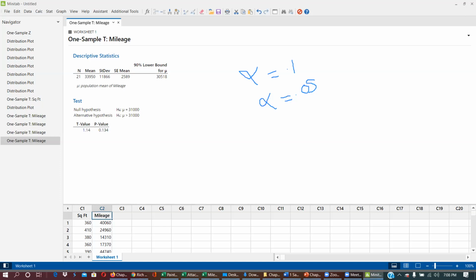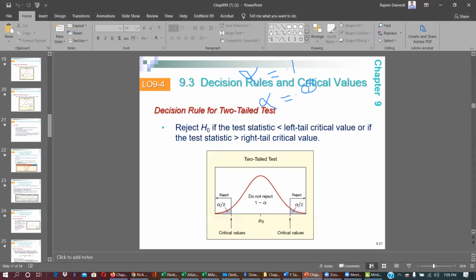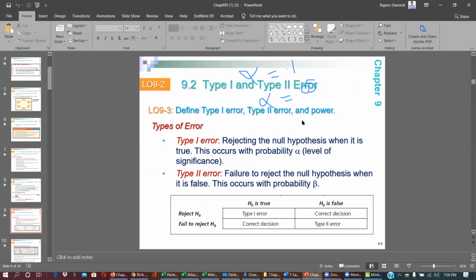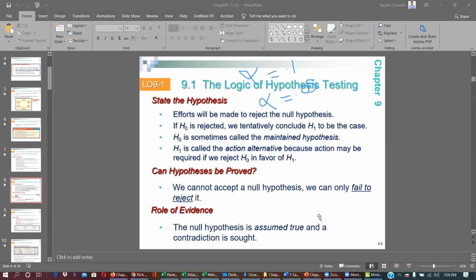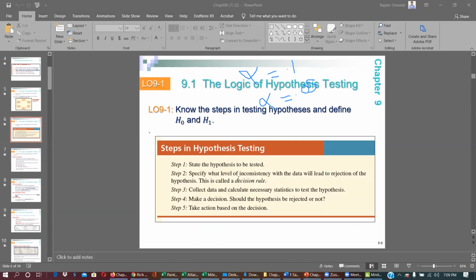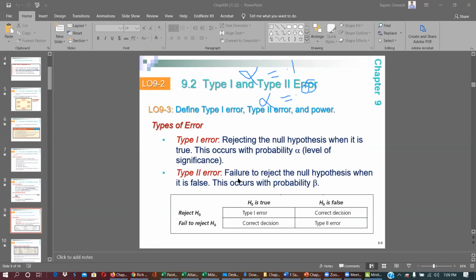Let me go back to the concept part. So this is type 1 error: H0 is true, reject H0. This is type 1 error, or alpha error. And H0 is false, fail to reject, this is called type 2 error. Based on alpha and beta, we have an option which is called power in the chapter.